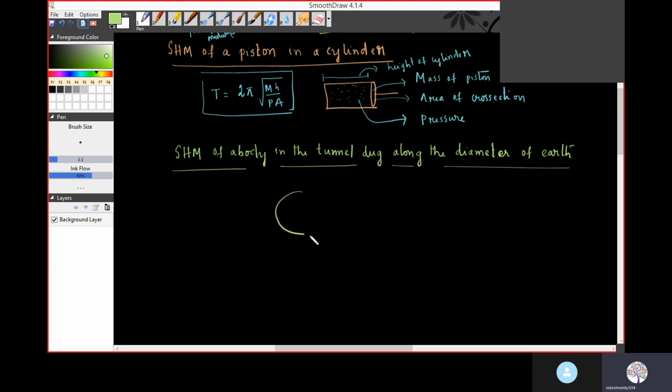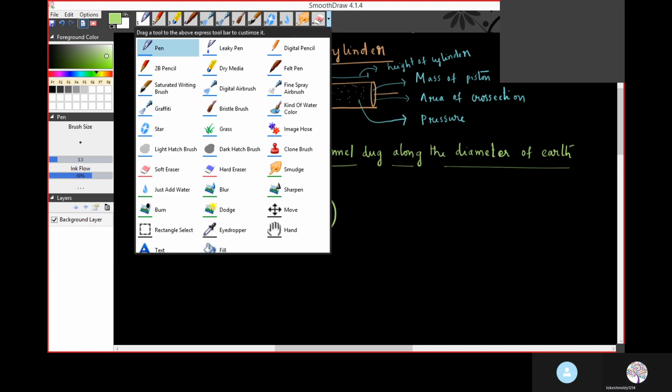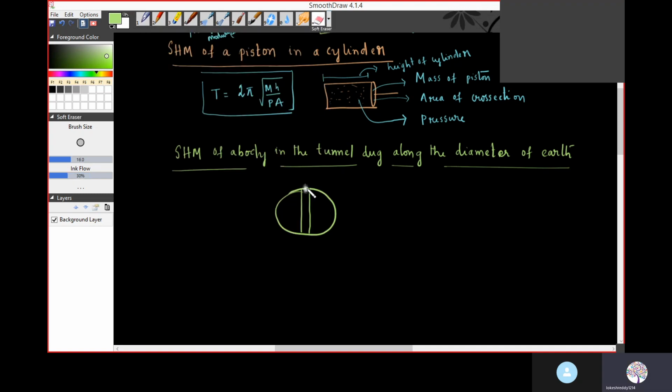Now, if you take the earth and dig a hole from one side to the other side, and if you leave a particle here, then as it goes to the center of the earth, the gravity on it will be decreasing.